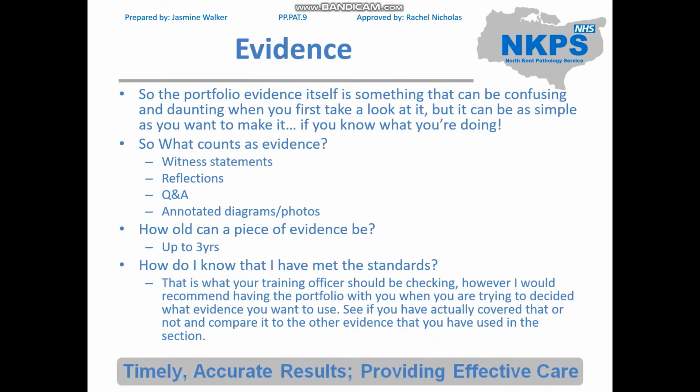If you've got a standard that's asking you to talk about how you communicate effectively with different groups of people, e.g. age, disability, and you've written a piece of evidence that doesn't mention ages or disabilities in it, then you obviously haven't met that standard. So having that list for each section next to you is vital when creating your evidence.